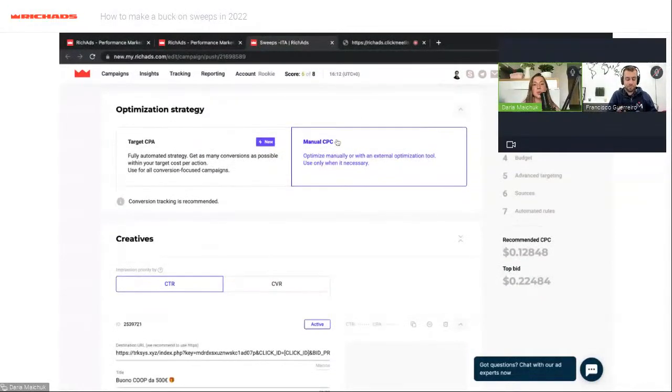I will start with manual CPC because the settings in these campaigns are the same, but it can be more difficult to create a manual CPC campaign. But I would also like to tell you a little more about target CPA. Target CPA is a really good option, but you need to set up postback with us so we can see conversions on our side, and our system will optimize the campaigns for you.